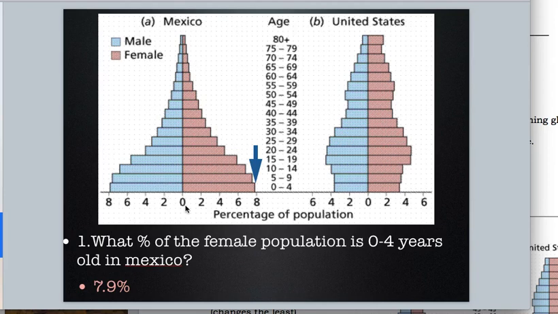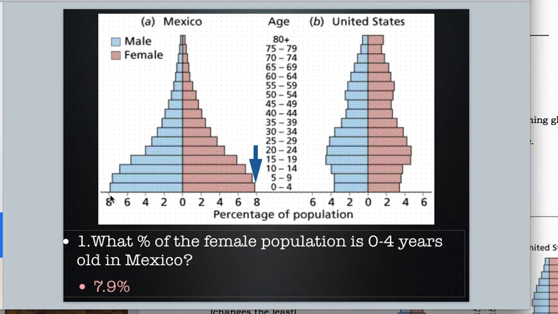So these numbers on the x-axis represent percent of the population. For example, what percent of the female population is 0 to 4 years old in Mexico? Well, we're going to be looking at this graph, this little bar only, 0 to 4, and it's a little bit less than 8, so about 7.9% of the current Mexican population is 0 to 4 years old that are girls.